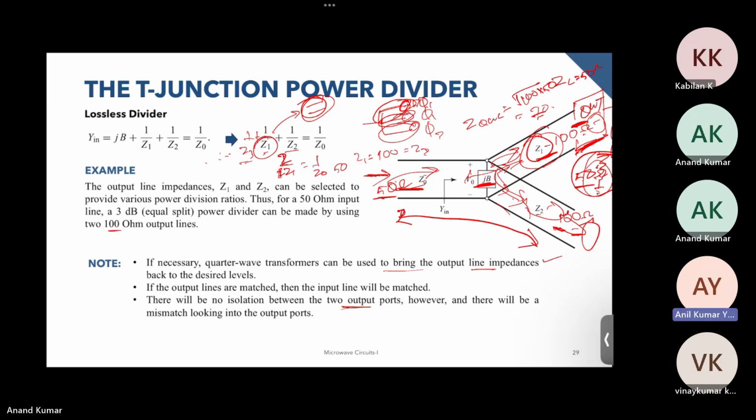Does that also affect the output power division, or the length that we use? For example, if we take the 100 ohm case, we take a length of 10 mm, and next in order to match that with 50 ohm, we use some intermediate impedance of 10 mm or 15 mm, and on the output side we have again 15 mm.